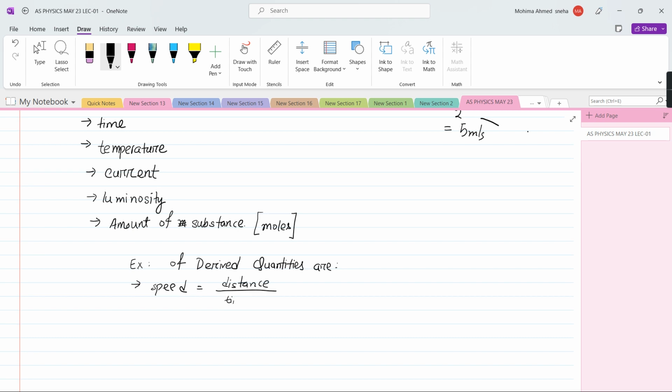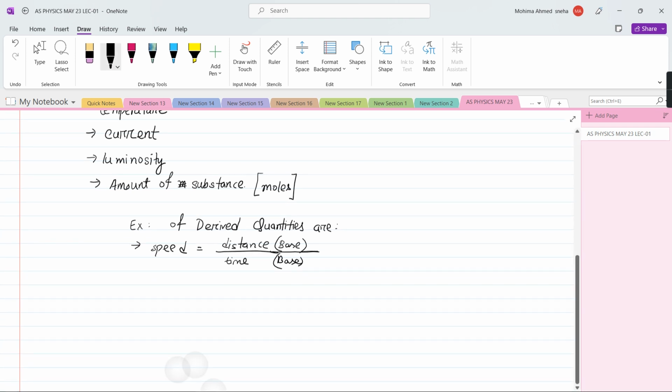Now distance is again a base quantity and time is again a base quantity, but it's not always the case. It's not a fixed matter that for a quantity to be derived, it always has to depend on other base quantities.